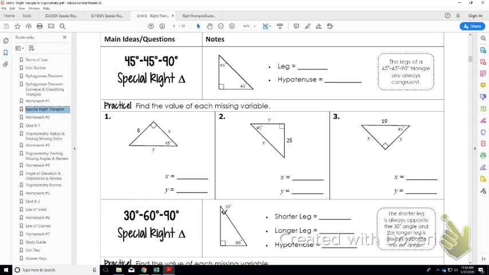Okay, I'm going to have you practice these. Remember the legs are the x, yes. And the hypotenuse is your x square root of 2. Now, for these 3 problems that you're going to do, you're going to set the table up for each one of them.